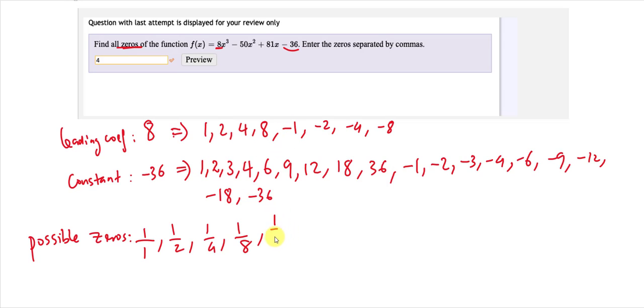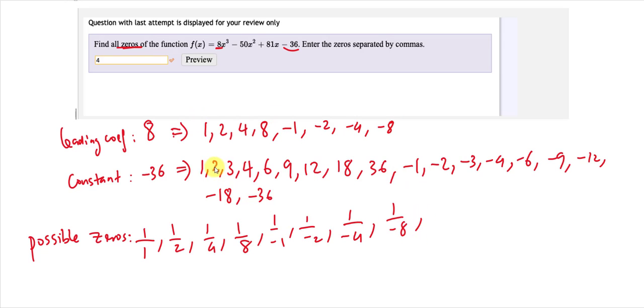Right? 1 divide by -2. 1 divided by -4, 1 divided by -8. That is just the ratio between number 1 and all of these.